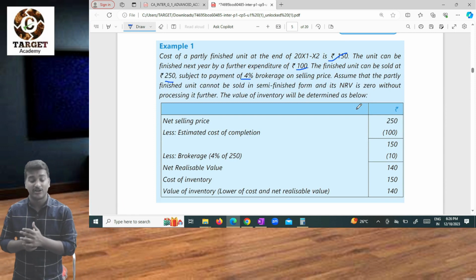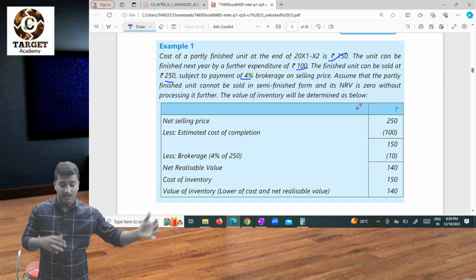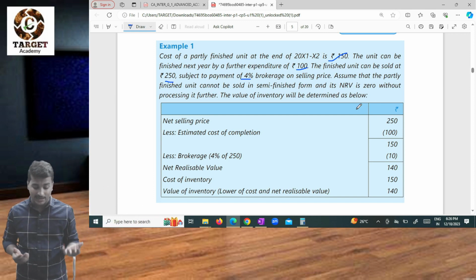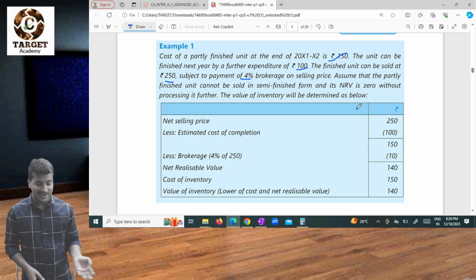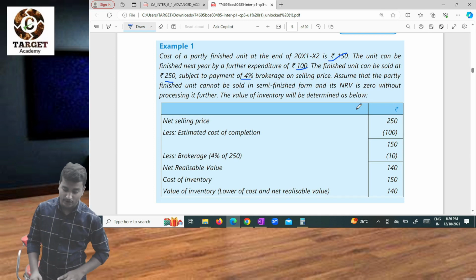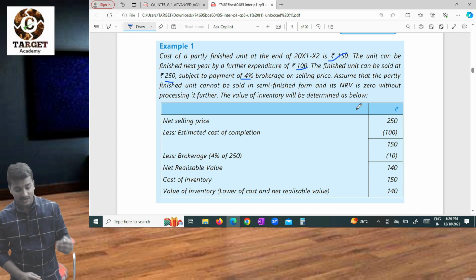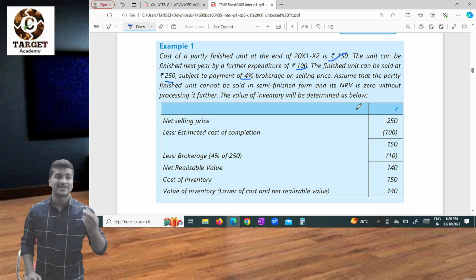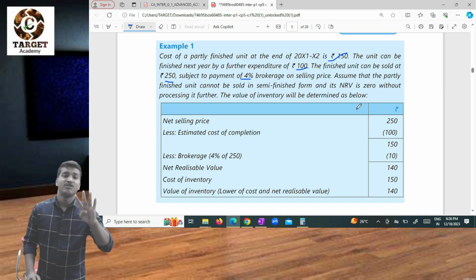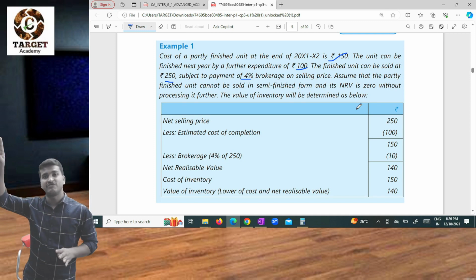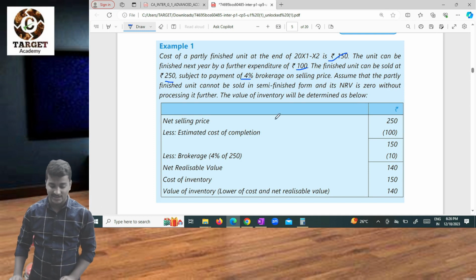How will we get NRV, sir? Expected selling price minus expected selling cost. What is the selling price? 250. Selling cost means here brokerage 4%, and there is a completion cost also. 250 minus 100 minus 10 rupees is the commission. So you will get NRV 140 or cost 150, whichever is lower, sir, 140. That's it.